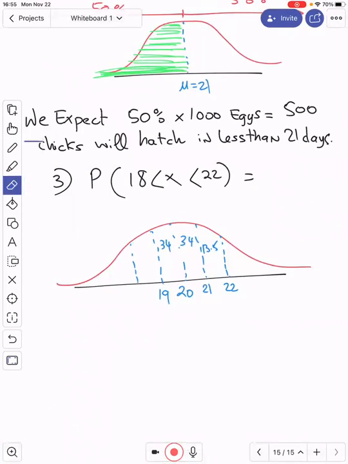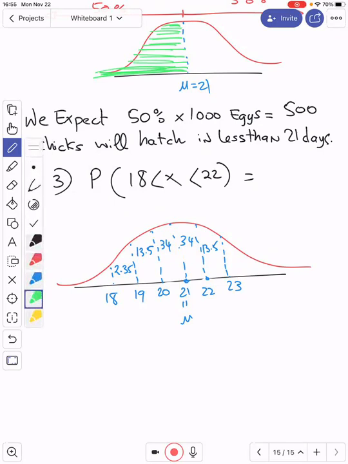Sorry for that. So the mean, the center, is 21. This is the mean. So this is 22, 23, and then this is 20, this is 19, and this is 18. So here this is 13.5, and then we have 2.35, right? So we need the region between 18 and 22.